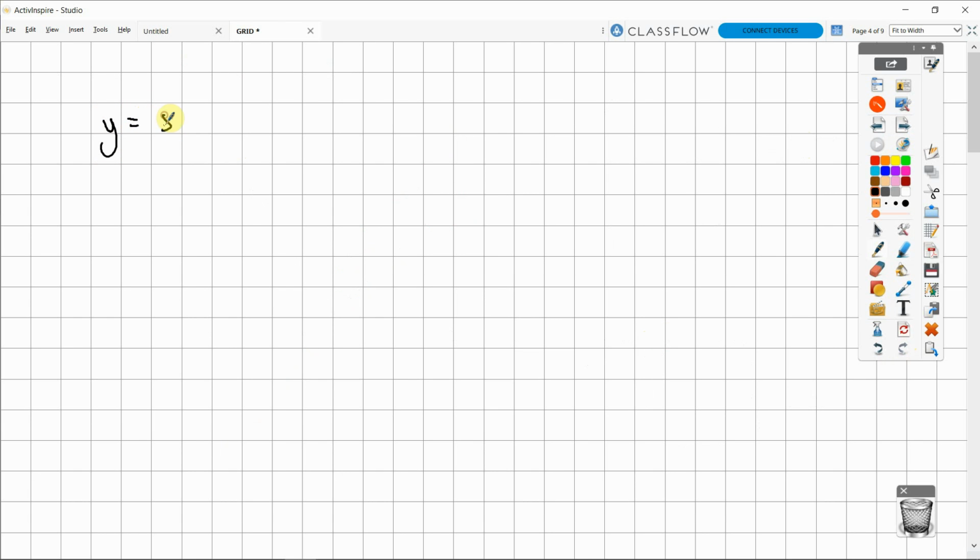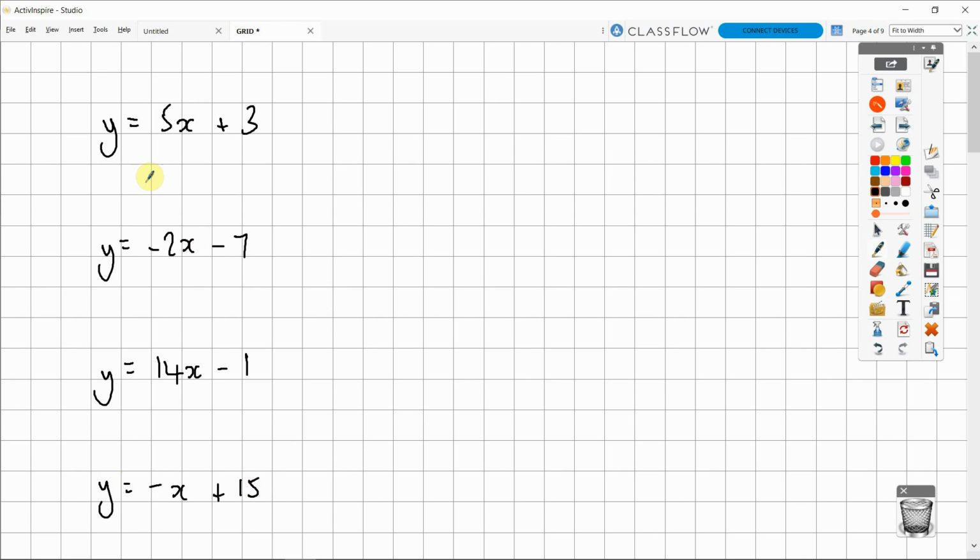Suppose we had y equals 5x plus 3. Suppose we had y equals negative 2x minus 7. y equals 14x minus 1. And y equals negative x plus 15.